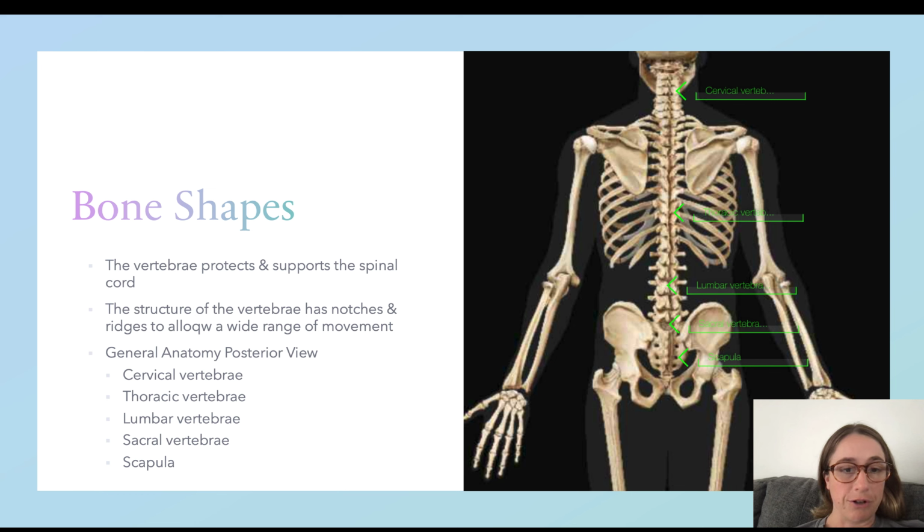The structure of the vertebrae has notches and ridges to allow a wide range of movement, which was really cool to learn in this class. I never really understood the whole extent of the vertebrae. So we went in there and labeled the cervical vertebrae, thoracic vertebrae, lumbar vertebrae, sacral vertebrae, and then scapula.